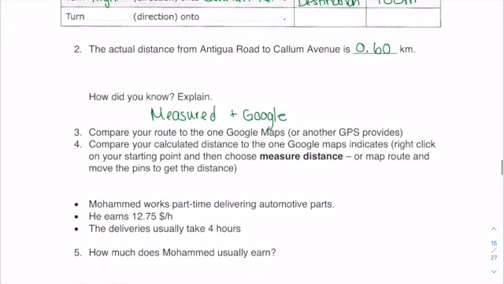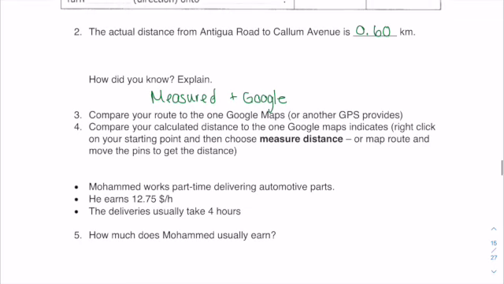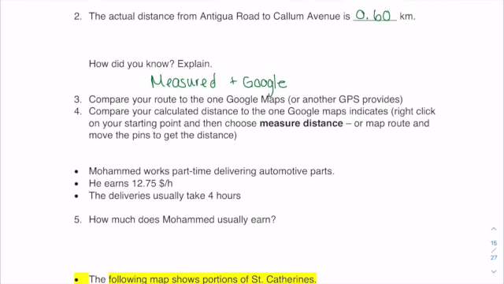Then it says compare your route to the one on Google Maps, and compare your calculated distance to the one on Google Maps as well. So I'll show you how you can do a measured distance in a minute here.